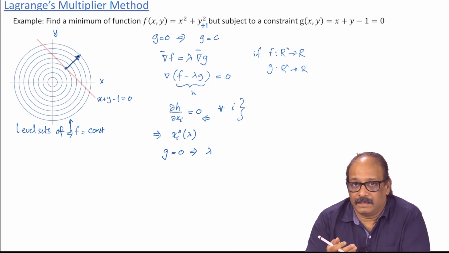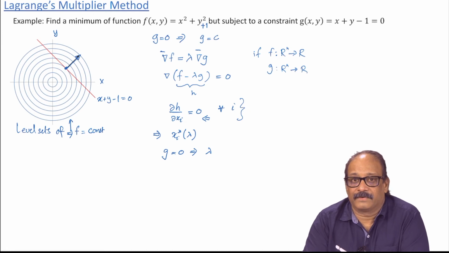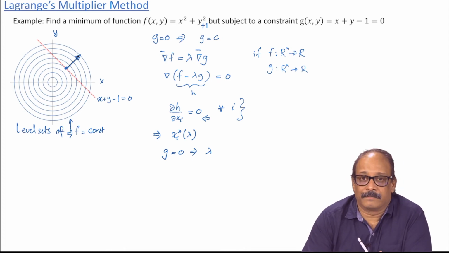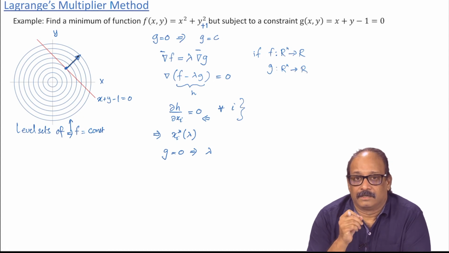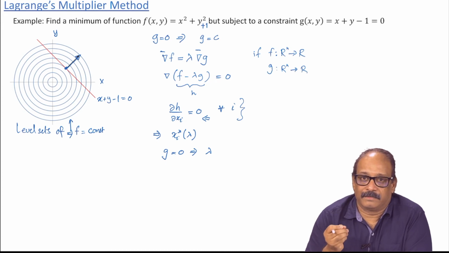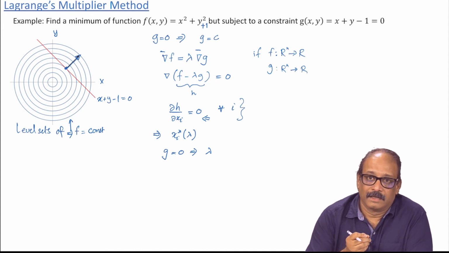When I eliminated a variable, if I started with n variables, I eliminate one variable because I had one constraint, I get n minus 1 variables. Like in this example, we started with 2 variables, used the constraint and got rid of one variable, or in other words I used one generalized variable t instead of 2 variables.